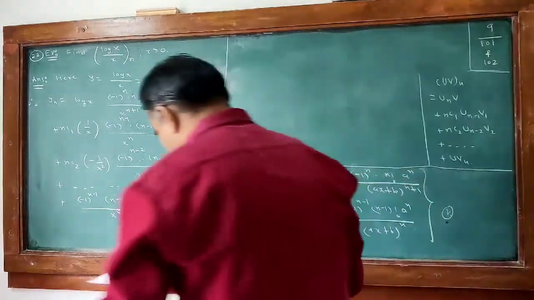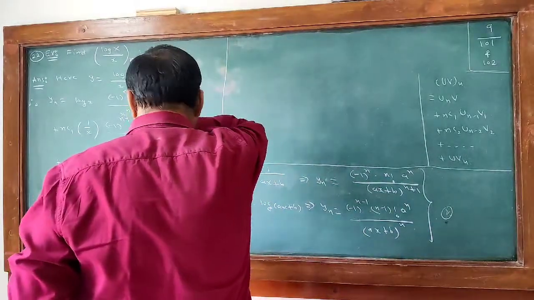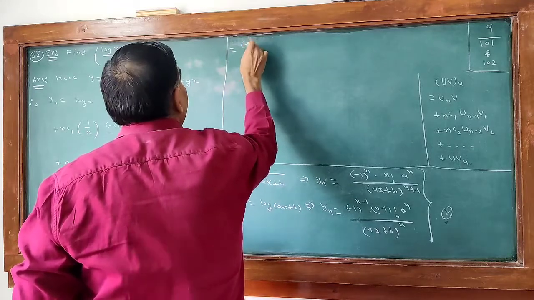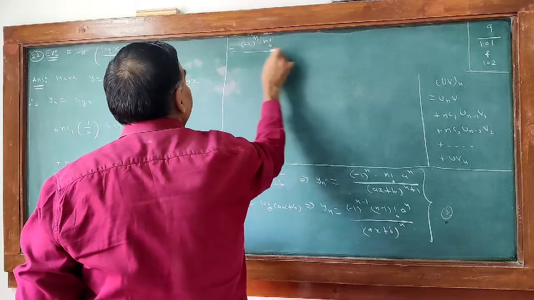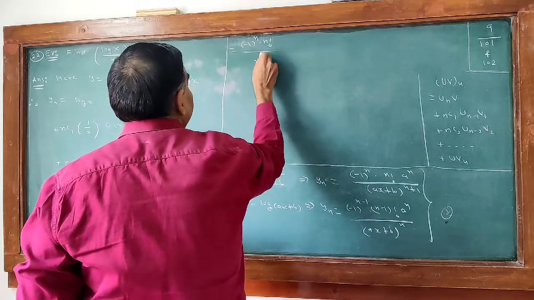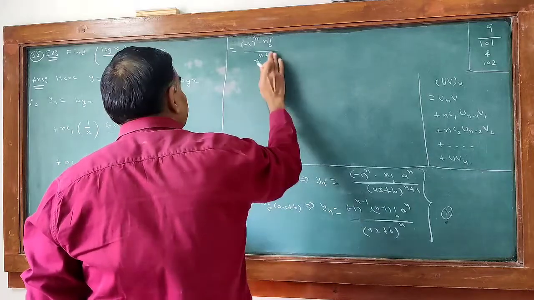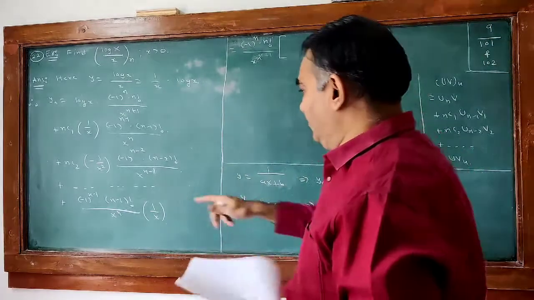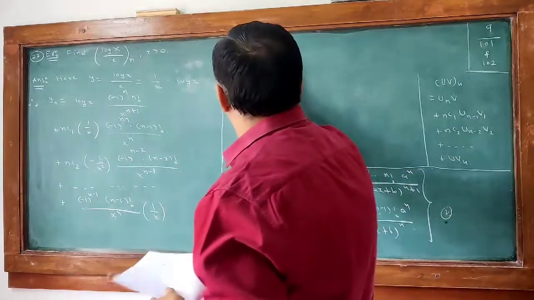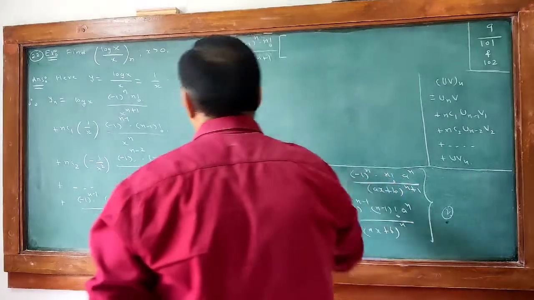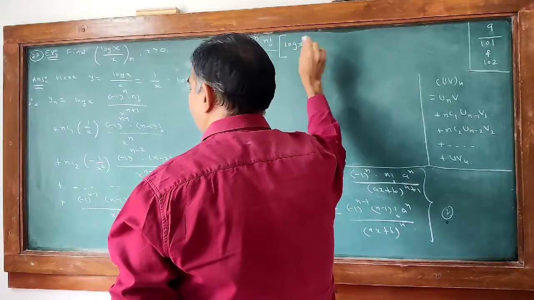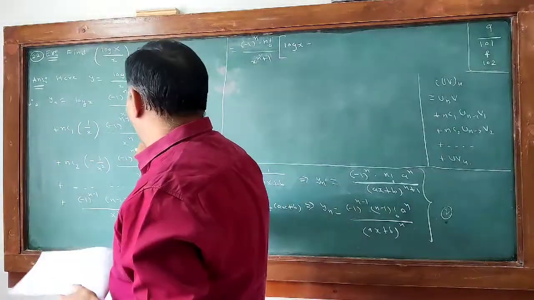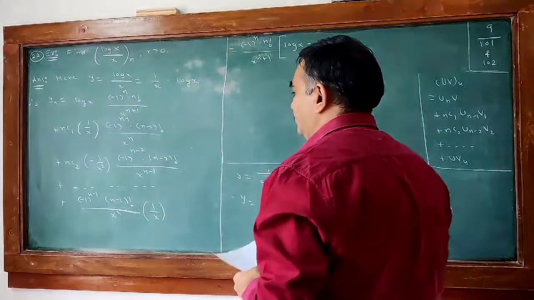So throughout, this is minus 1 raised to n factorial upon x raised to n plus 1. x raised to n plus 1 is in common. So what do we have? That is log x, and this nC1 is n, we use it here, and therefore n factorial is common.